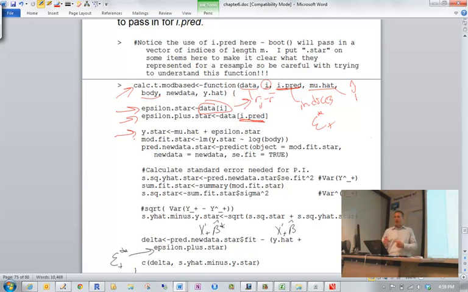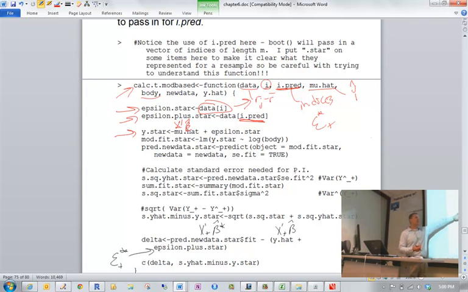Take mu hat, in other words, x prime beta hat, plus my epsilon star. I estimate the model now to this resampled data. Now remember that this all already is on the log scale here, since I'm just taking mu hat plus epsilon star. So that's why you see a y star here. You don't see a log of y star.